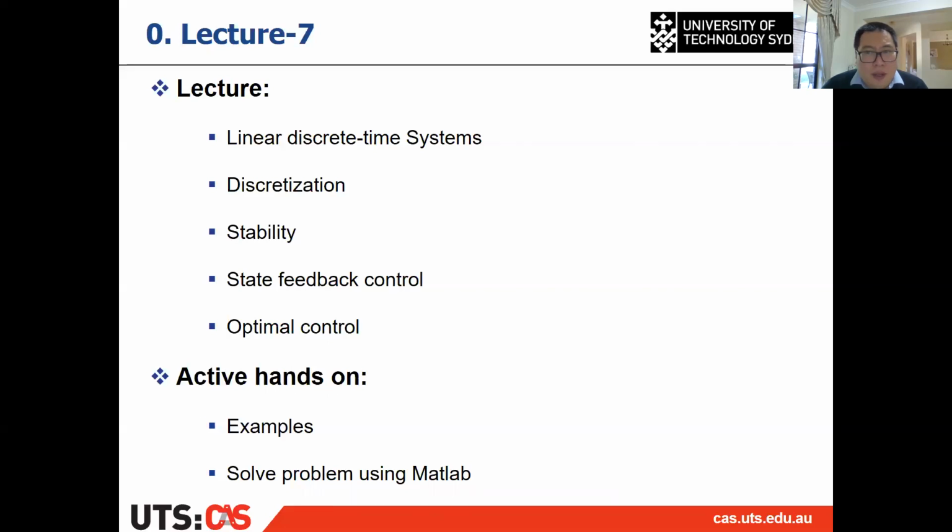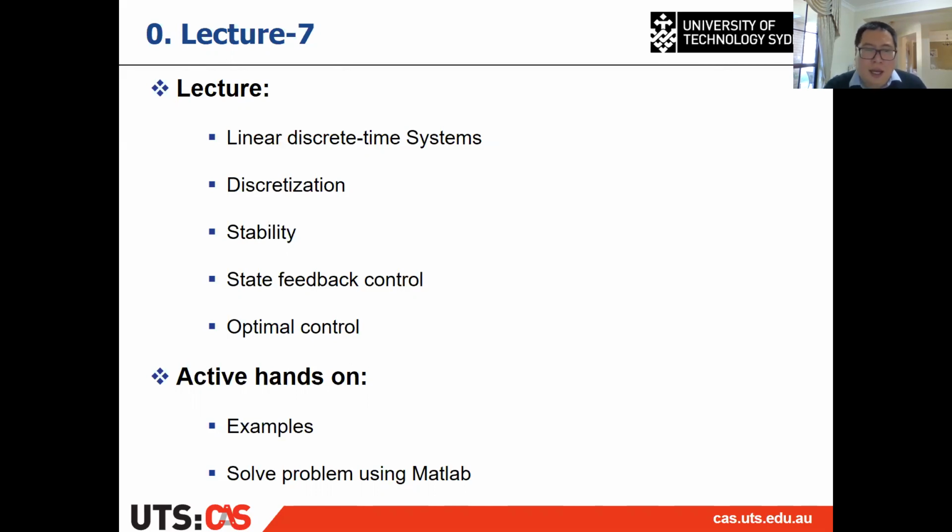For example, the stability criteria is different compared to the linear continuous time system. And also for the pole placement, because the stability criteria are different, how you choose K is a bit different as well. And also for the optimal control, the main idea is exactly the same, but the equations are slightly different, and you need to distinguish them.